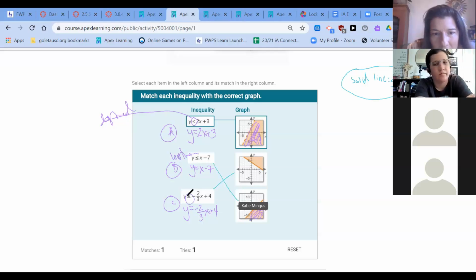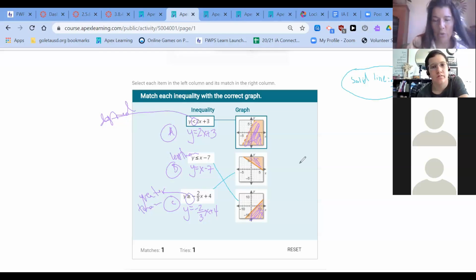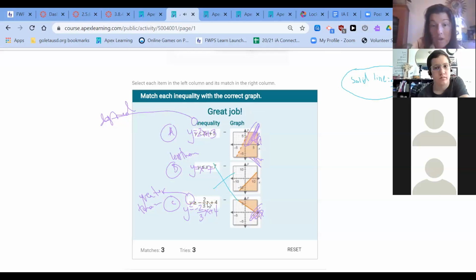And this is a greater than, so it's going to be shaded above. Woohoo! All right, let's see. Yay! We're math geniuses. Okay, so that was review for graphing linear inequalities. And so now let's see what happens when we have two of these.